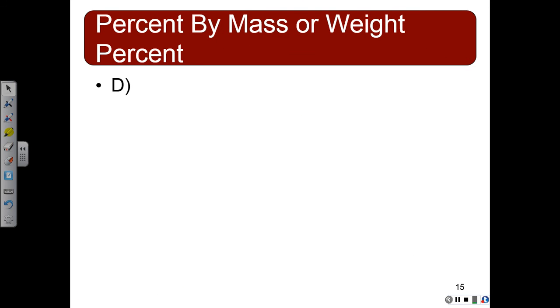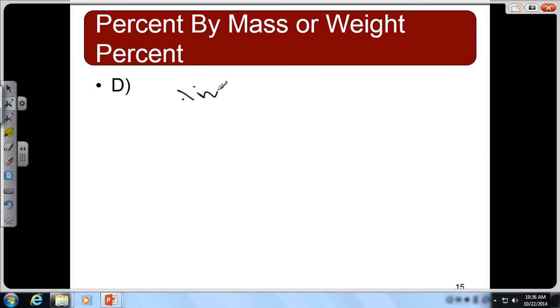Weight percent, or percent by mass. We know we have to be in what units for this? In grams. So how many grams of our solute do we have? 25.0, that was given to us in the problem. What about the total mass of the solution?